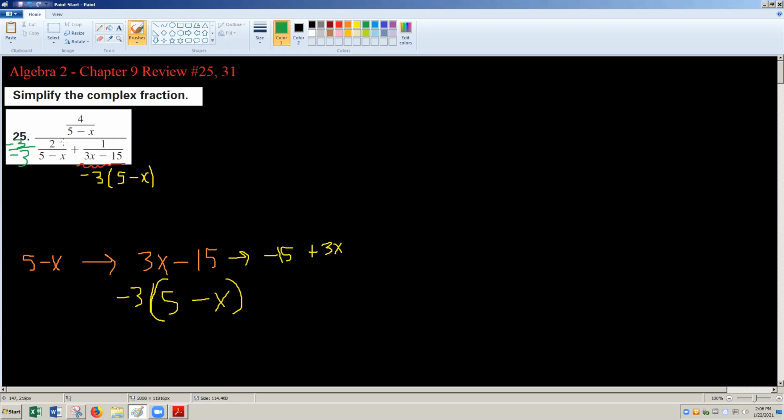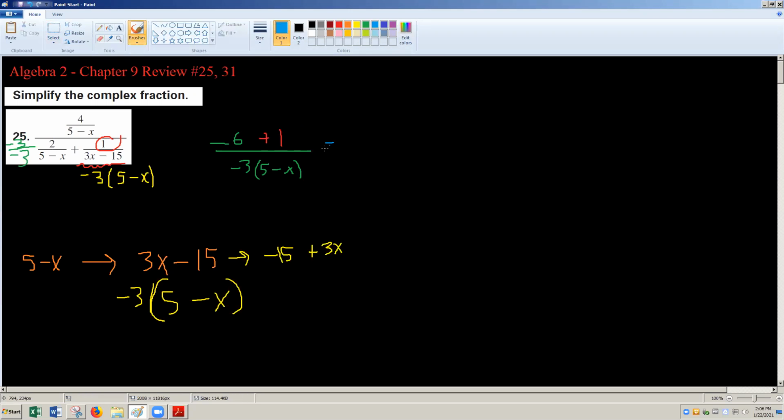So if I multiply by that clever one there, I should get -6, and then my -3 times 5 minus x. And then for the thing on the right, it's just going to remain whatever it was. So it's just going to remain the 1 here.